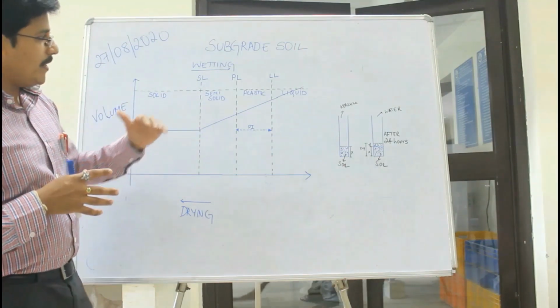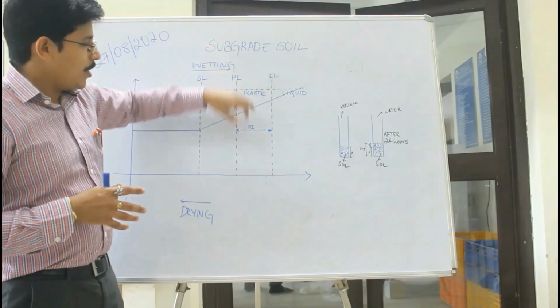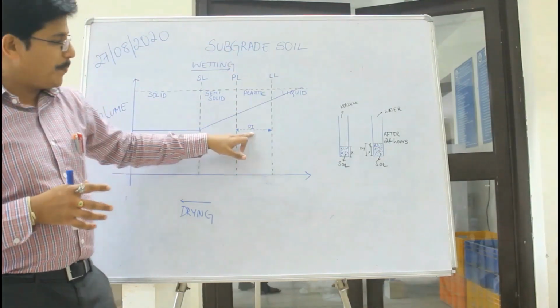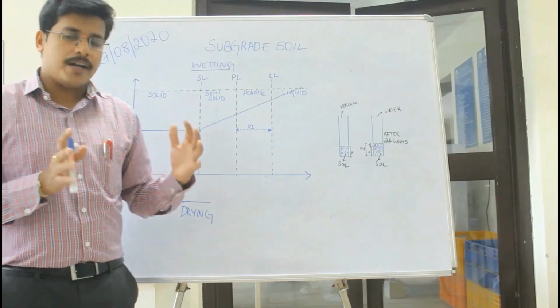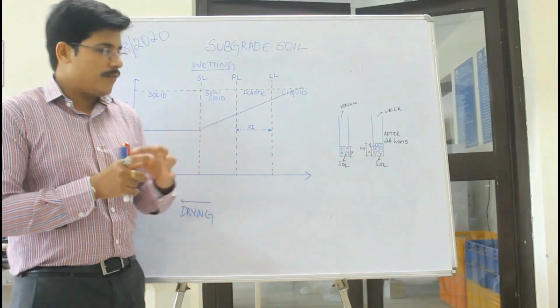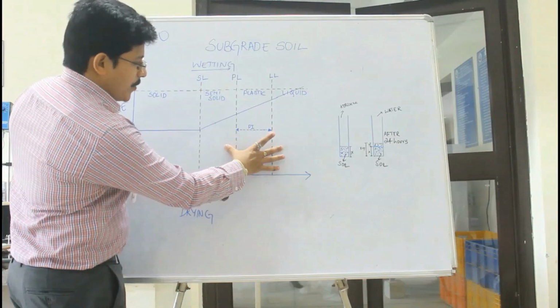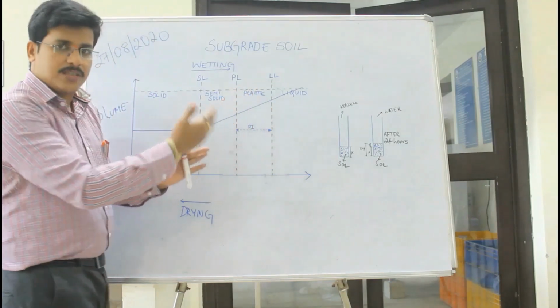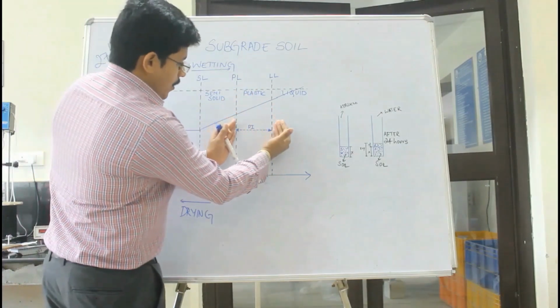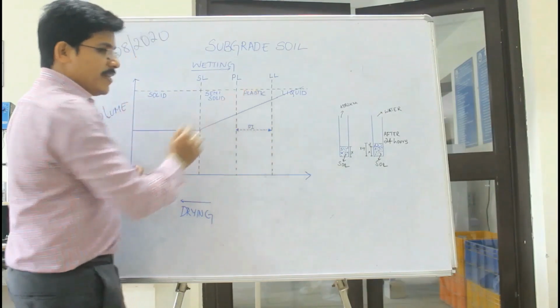The other important property is the difference between the LL and PL, what we call the plasticity index. This PI is the difference which indicates the range of water content where the soil remains plastic. If this range is broader, the soil remains plastic for a broader water content range. If this range is narrower, the soil remains plastic for a narrow water content range.